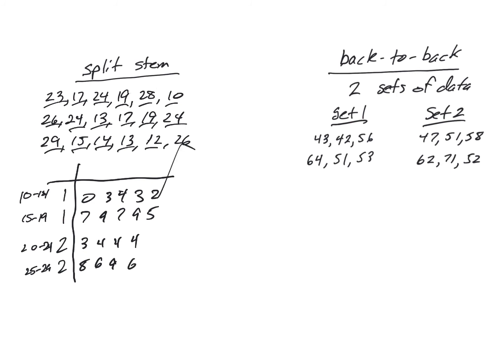Okay, that is a split stem and leaf, and you need to know when to do it: when all the data values are closely related or don't have a big range of numbers.